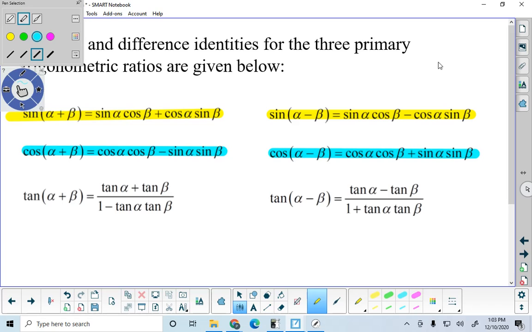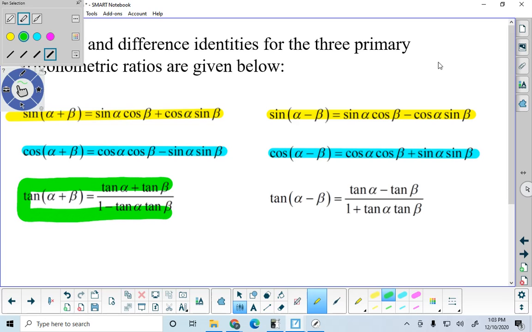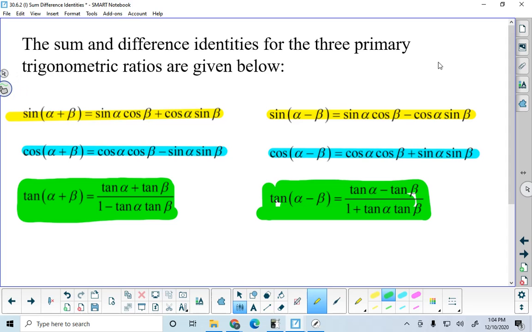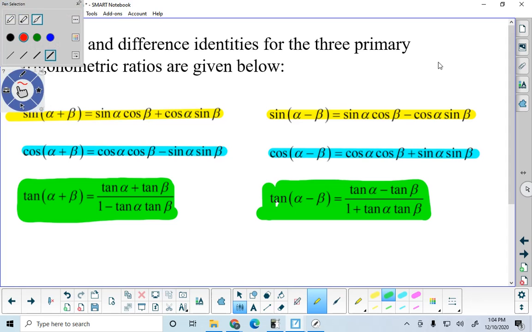And then we have these guys, which, to be quite honest, we very rarely use, not just in this course, but even in calculus. We very rarely make use of the tangent sum and differences. Incidentally, this is not a typing mistake.